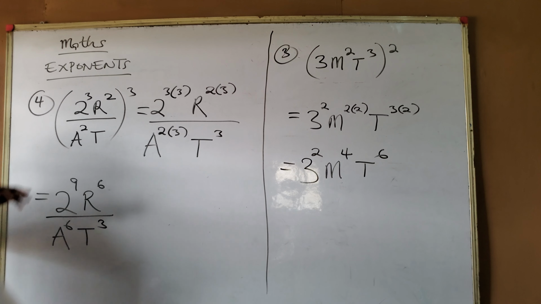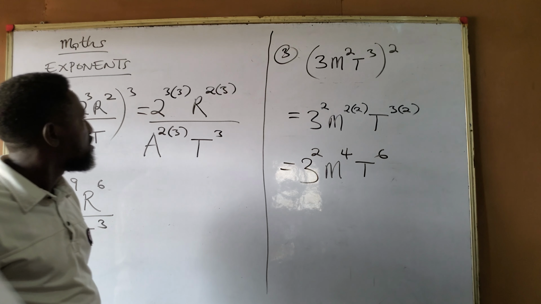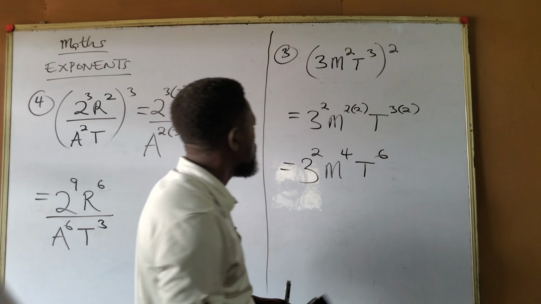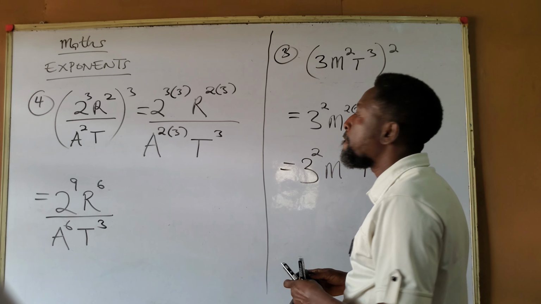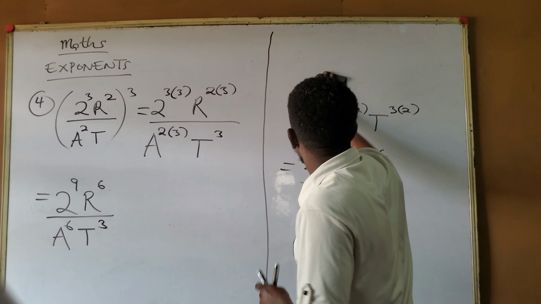So if you have a numerator and denominator raised to a power, the rule applies. That's the fifth rule of exponents. So now let's go over to the sixth rule of exponents.